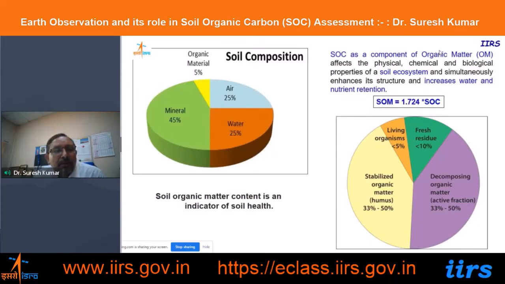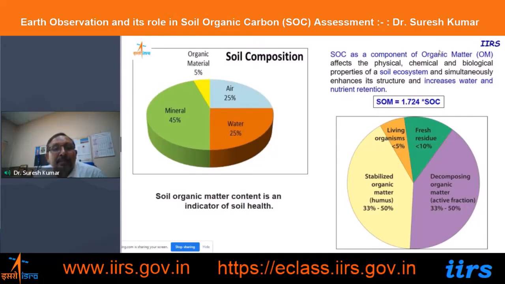Organic matter is added into the soil by the humification process. Only 2 to 20% is added to the soil as a soil organic carbon pool, and our soil organic carbon pool is around 1500 petagrams.